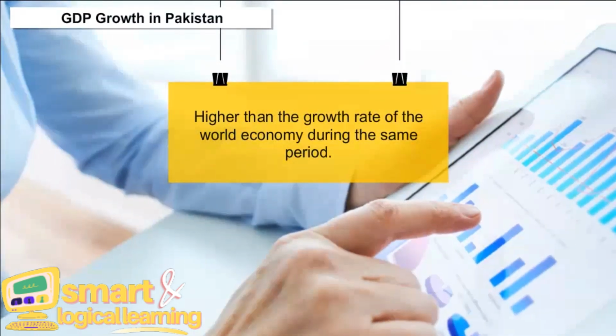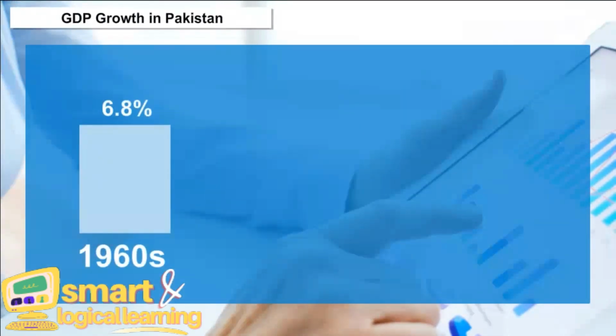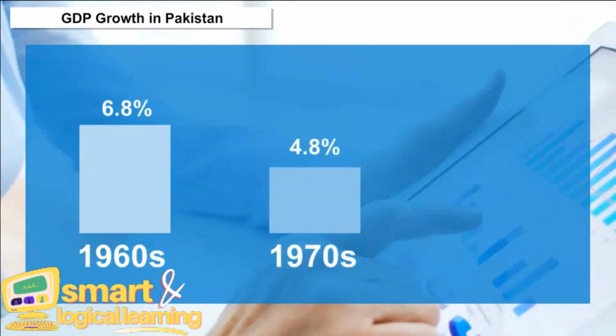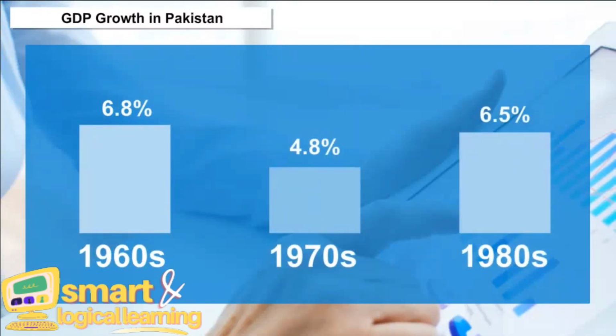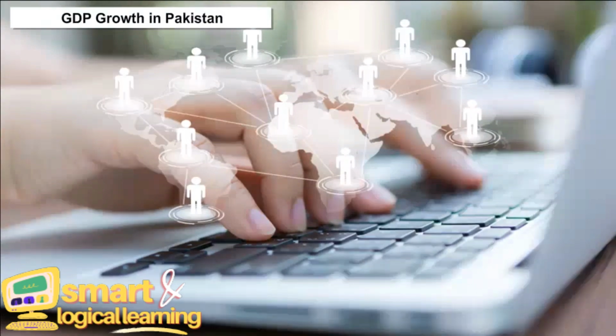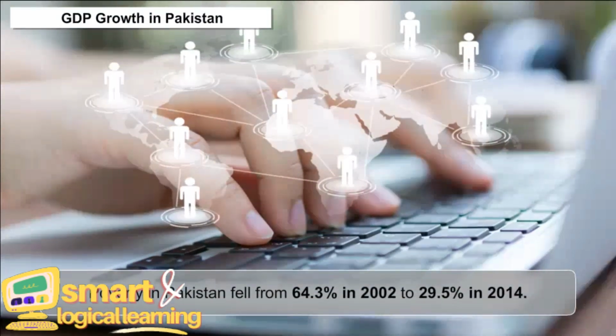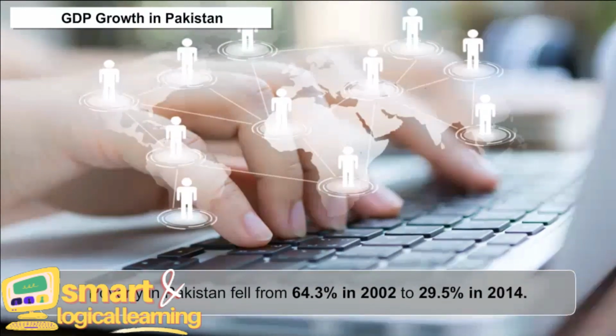Average annual real GDP growth rates were 6.8% during the 1960s, 4.8% in the 1970s, and 6.5% in the 1980s.